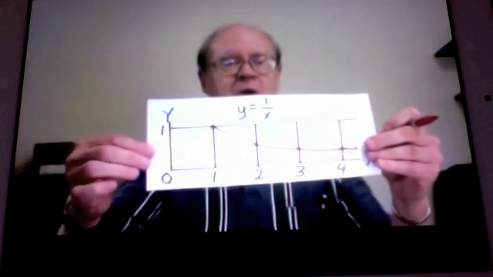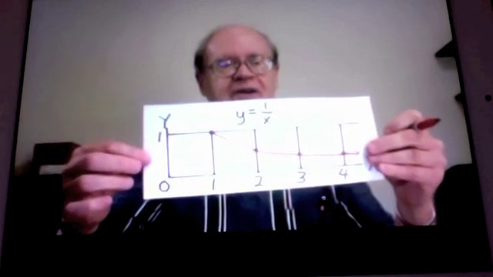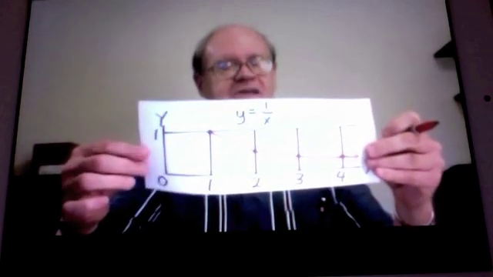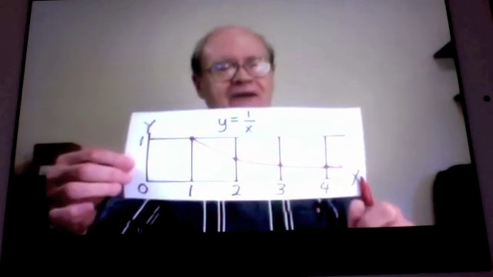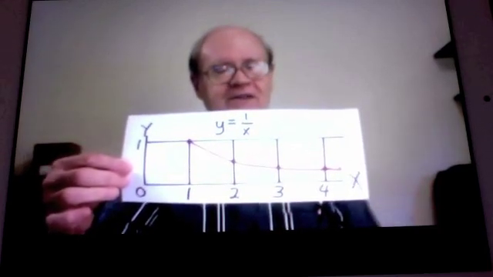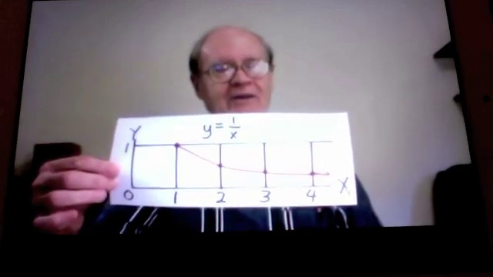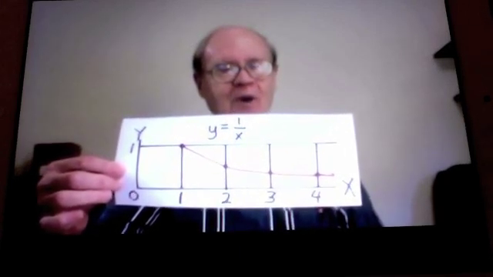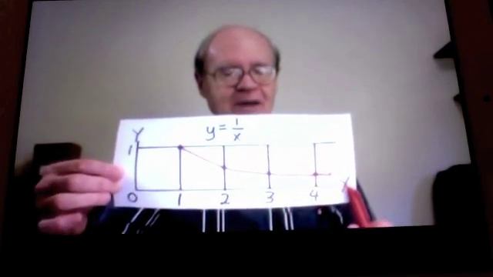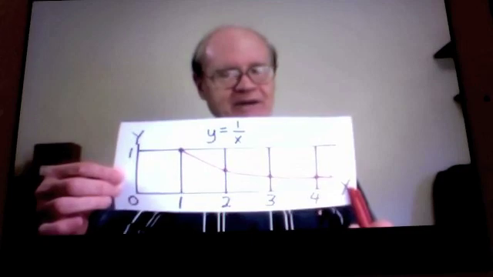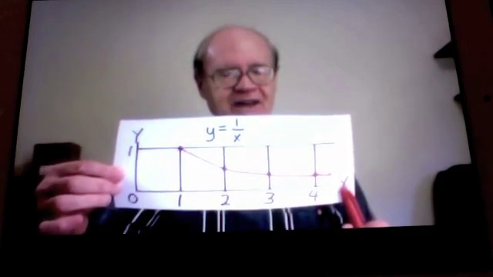It gets lower and lower as it goes out to the right, but it will never get as low as the x-axis because I will always go up 1 over something, a tiny fraction out here, 1/5, 1/6, 1/7, 1/8, 1/9. Eventually, way out to the right, I will go up only a millionth. That is a tiny microscopic length, but it's still up a little bit. And so, as I say, this graph will never touch the x-axis.